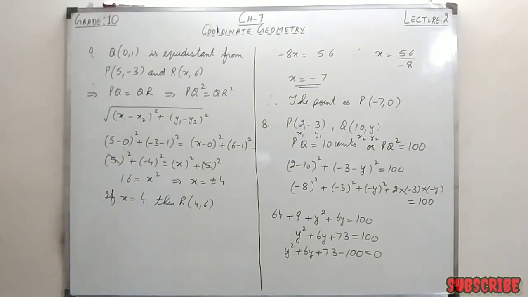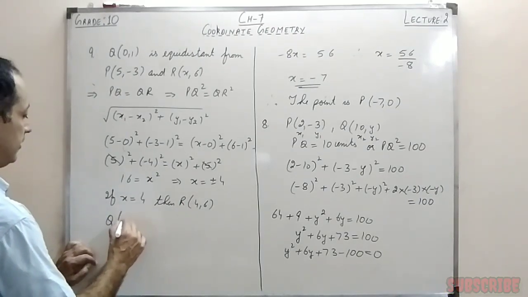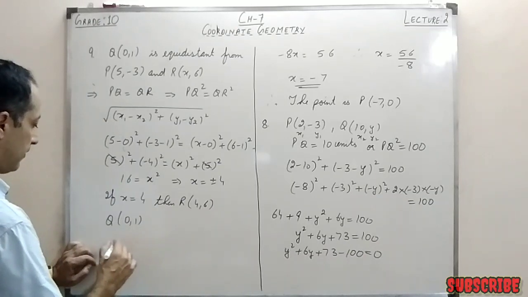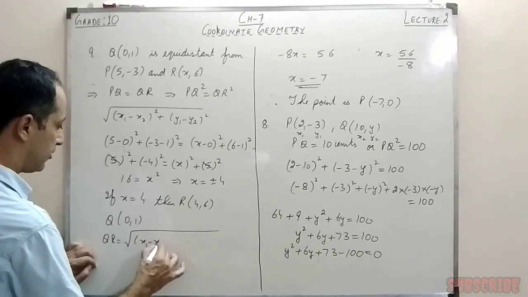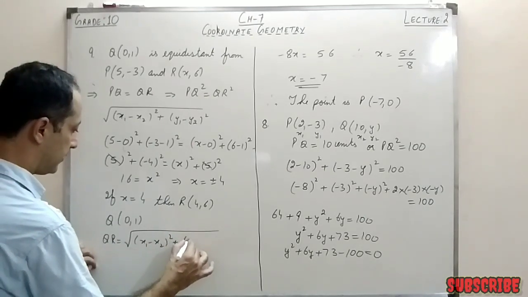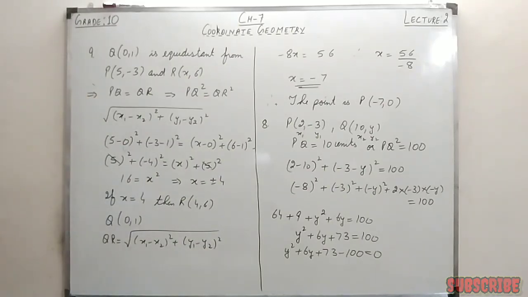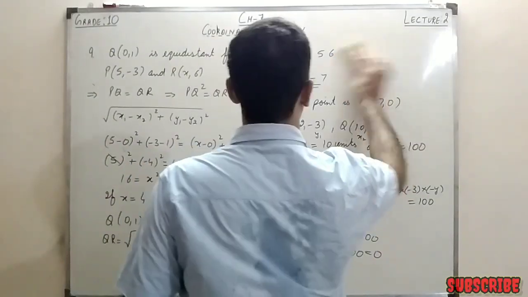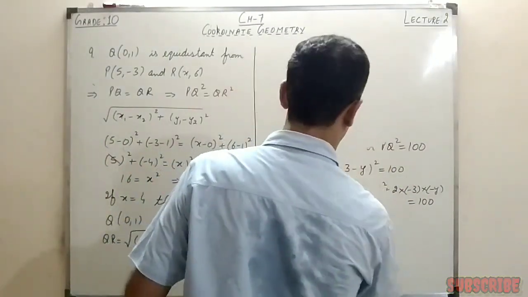Now first of all we find the distance QR. Q here is (0, 1). So QR will be equal to the square root of (x1 minus x2) whole square plus (y1 minus y2) whole square. Right, we substitute the values and then we can find the length of QR.